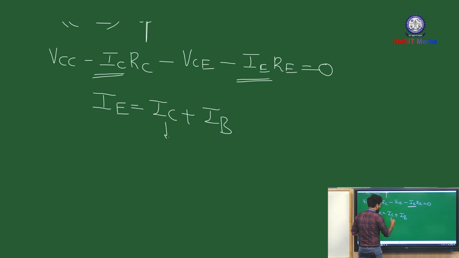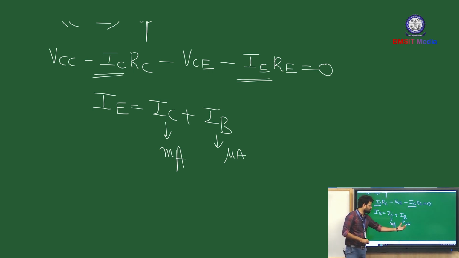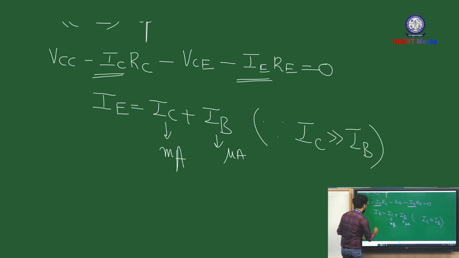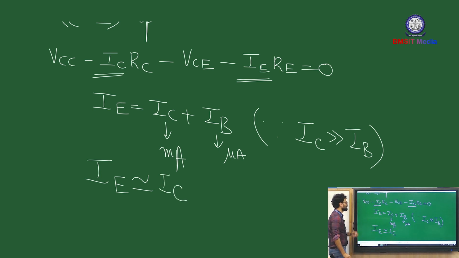Now you can compare the collector and base current levels. Your collector current is normally found in the range of milliamperes, and your base current is found in the range of microamperes. When you compare a milliampere current with a microampere current, you can say that IC is very much greater than IB. On that note, you can write IE approximately equals IC.